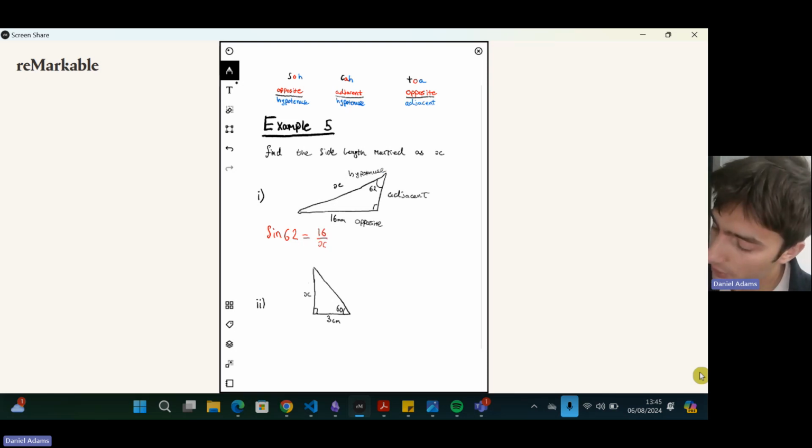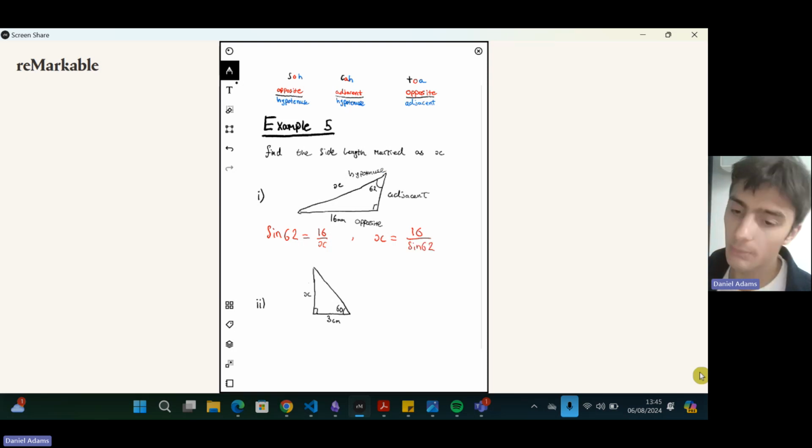We do a similar thing to the last example. We multiply through by x and we divide by sine of 62 to get x is equal to 16 over sine of 62. Okay, and I could put this onto my calculator, like I did in the last example, and you would get some result for x.